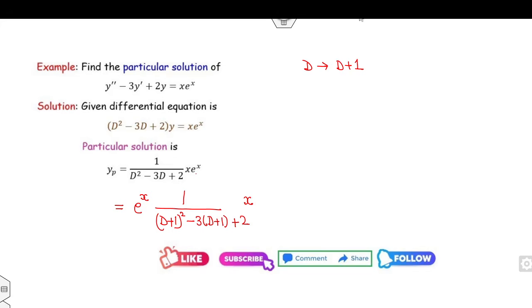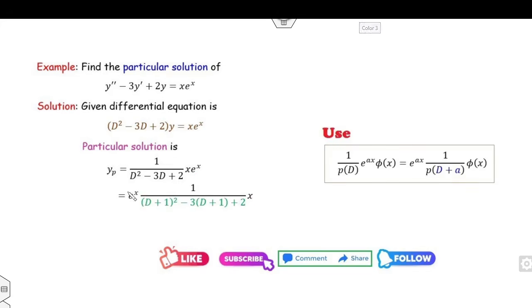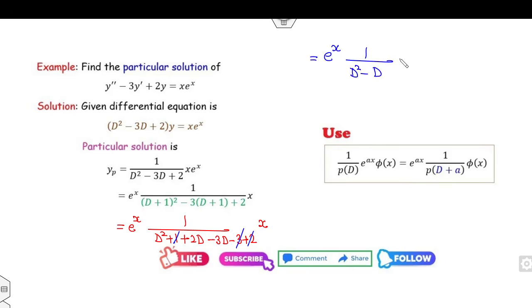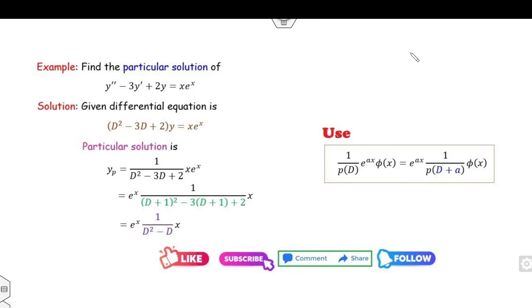Fine. I can open these brackets. Once you open this bracket, what will happen? It is e raised to power x, D square plus 1 plus 2D, minus 3D minus 3 plus 2. So clearly 1 plus 2, 3 will be cancelled. So the expression becomes 1 over D square minus D. Fine.